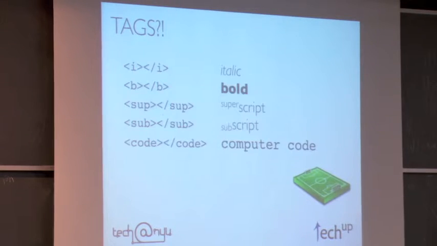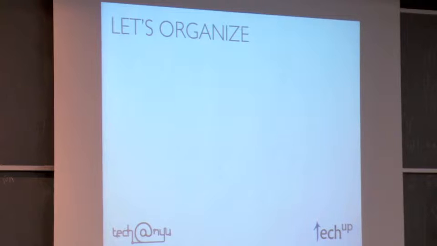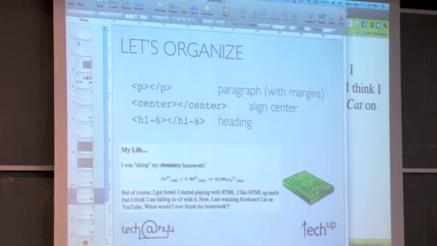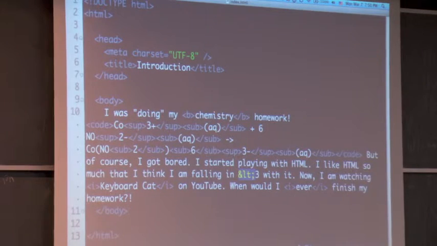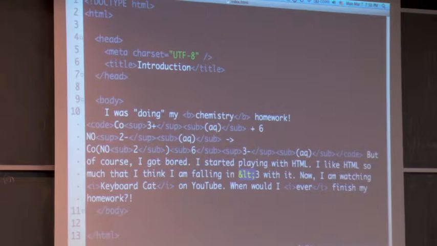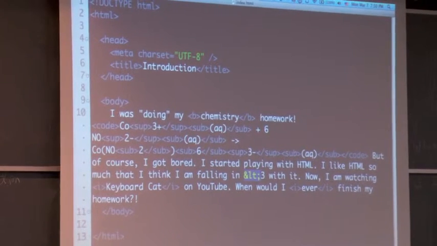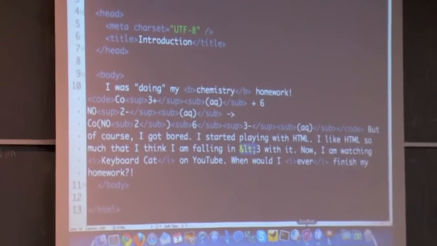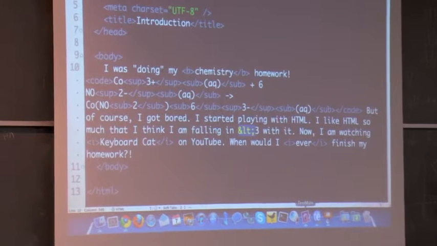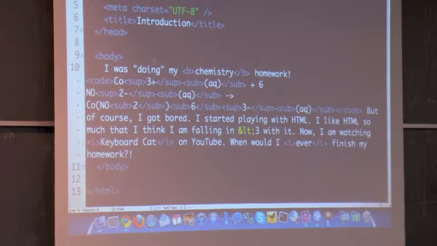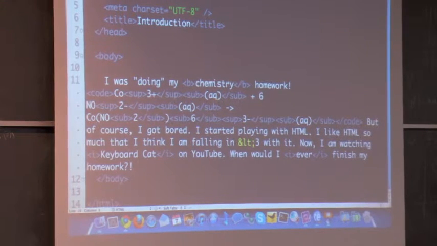Alright, for that, I'm going to go to my text editor and organize this code a little bit so that it's easier to read. HTML provides headers, or heading text, that range from H1 all the way to H6, right?